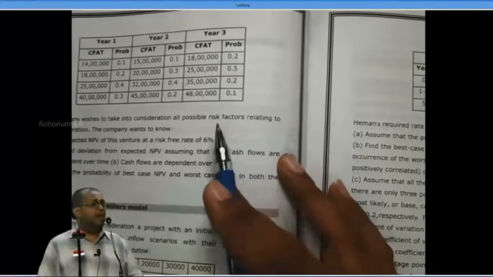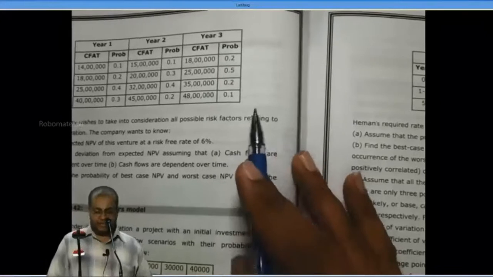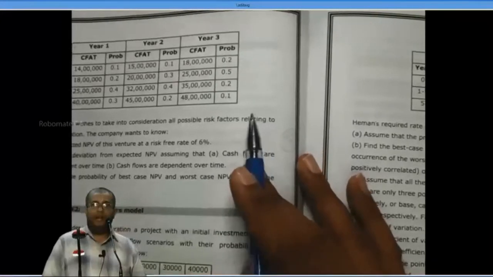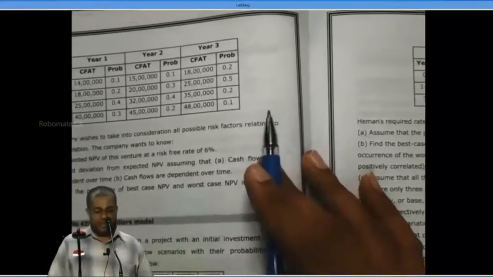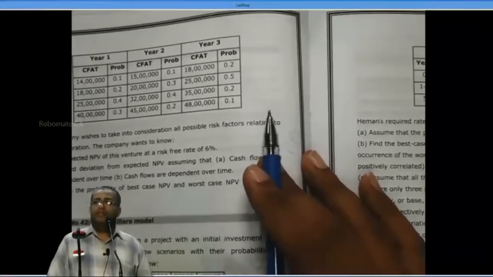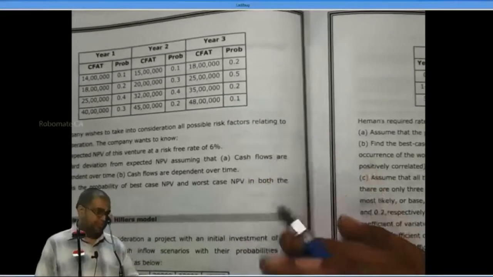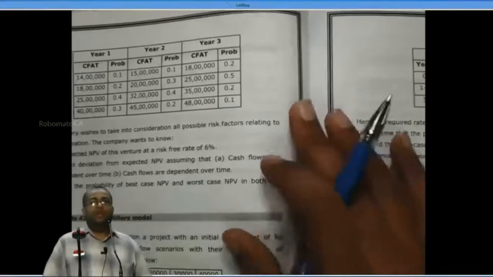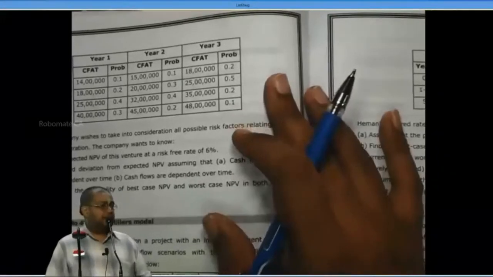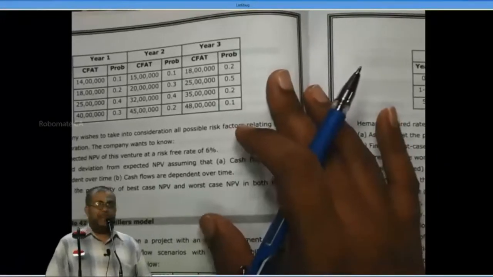Probability of worst case NPV. Branch it into 2. Cash flows dependent, cash flows independent.